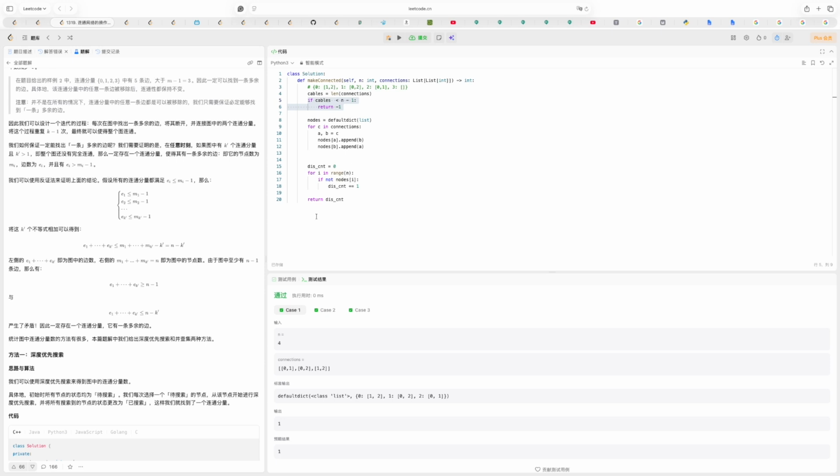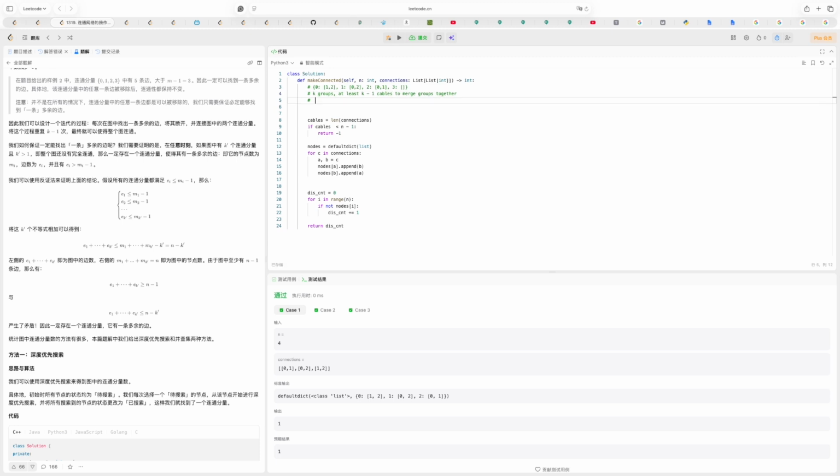If we have K groups now, we need at least K minus 1 operations to merge the groups together. So at least K minus 1 cables.